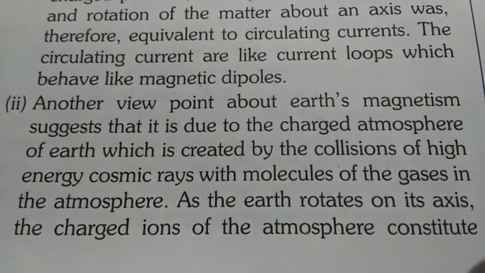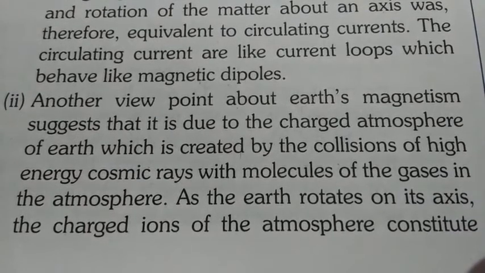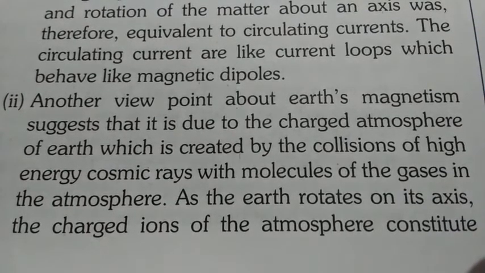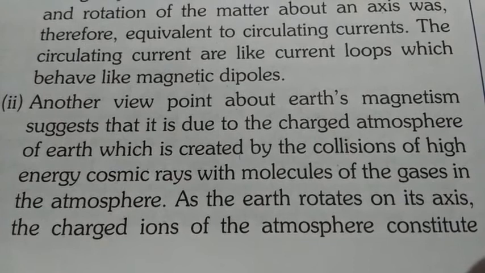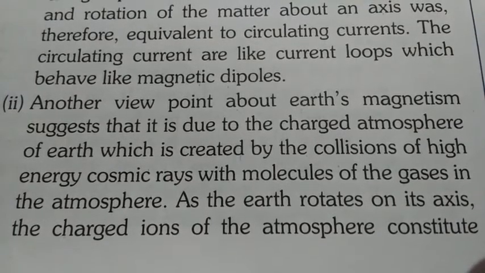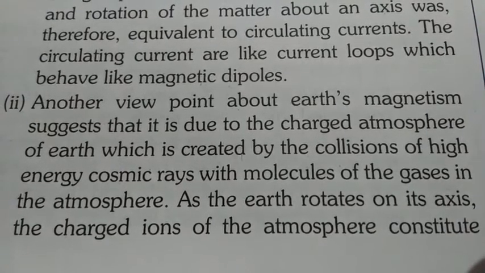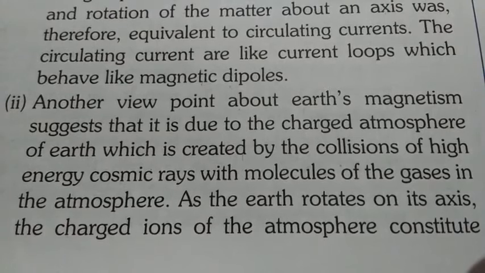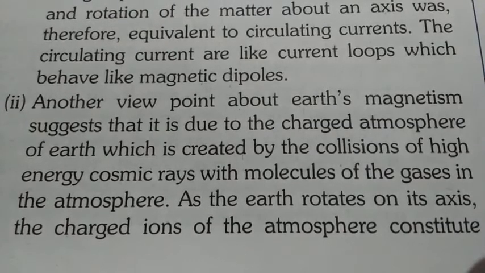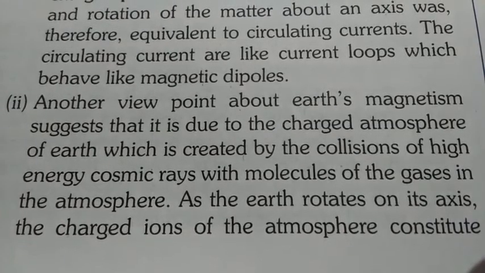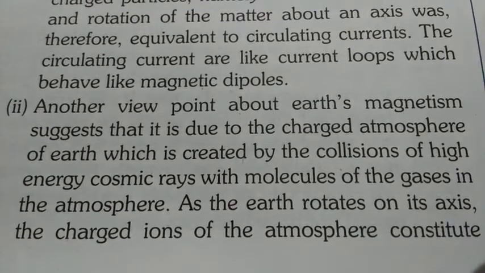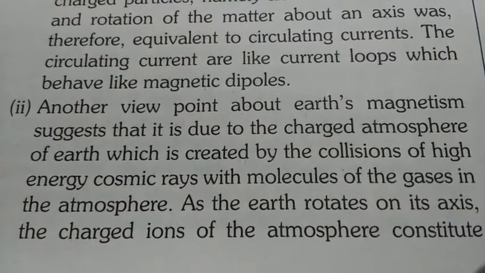Then the second reason here is another viewpoint about Earth's magnetism, which suggests that it is due to the charged atmosphere of Earth, which is created by the collision of high energy cosmic rays with molecules of the gases in the atmosphere. Okay, so this is very simple one.